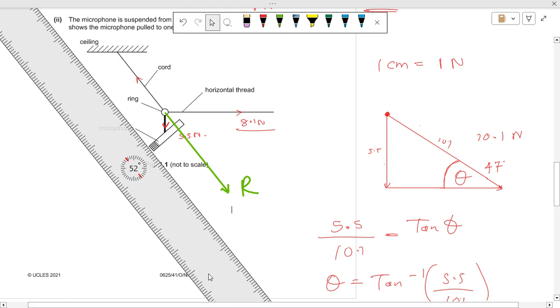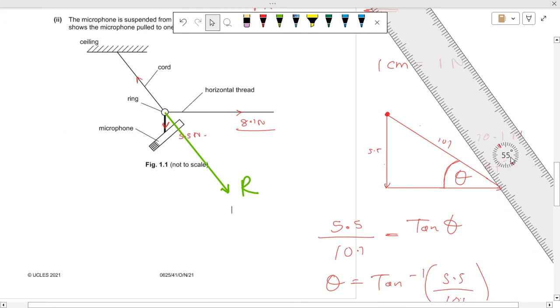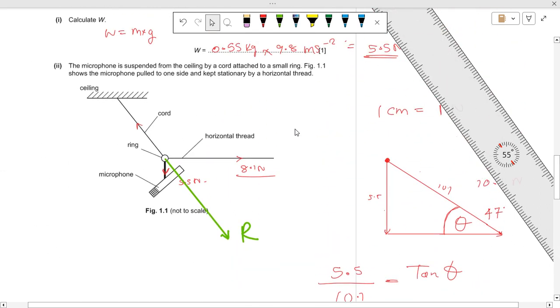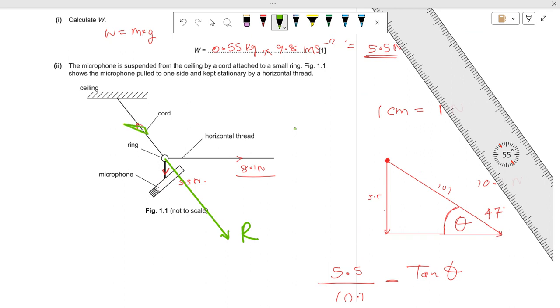In the question they ask how the magnitude and the direction of the resultant compare with the force on the ring due to the tension in the cord. Tension in the cord here. So the mic is balanced.